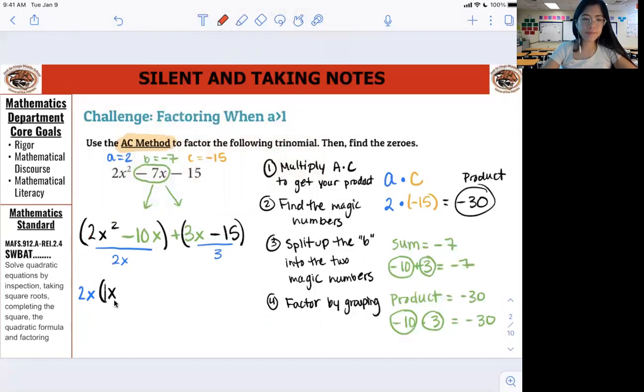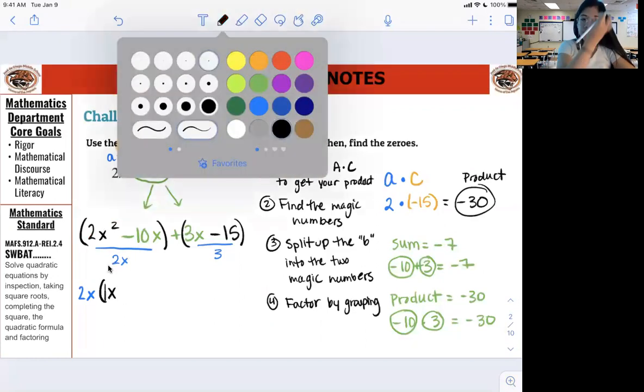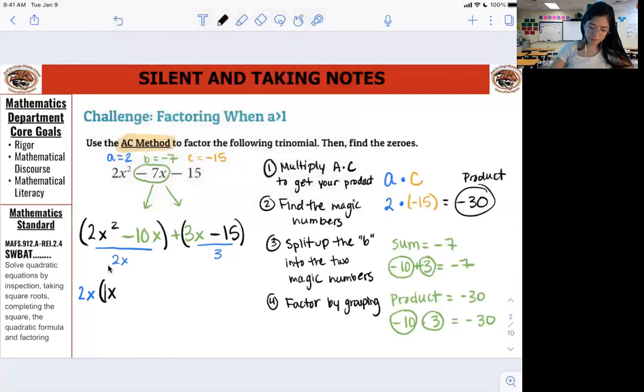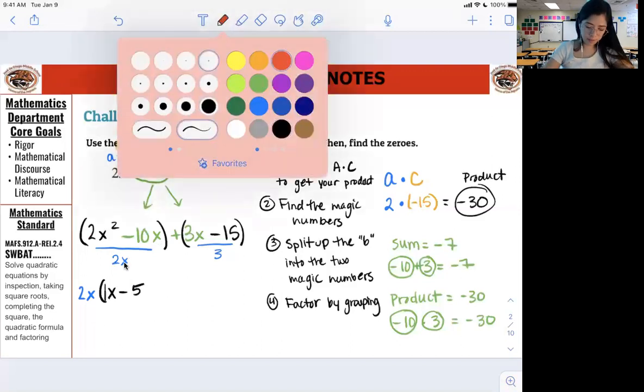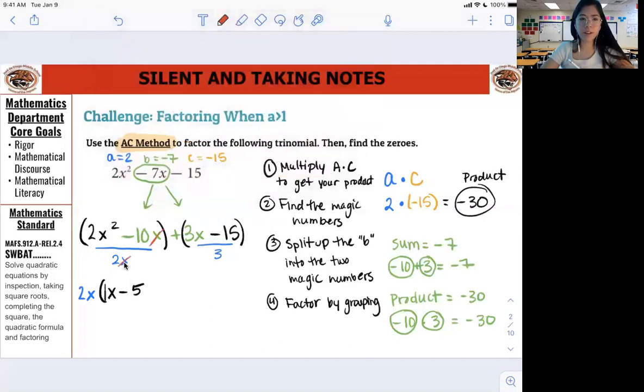So 1x. Then negative 10x divided by 2x, what does that leave me with? Negative 5. Negative 5, good. Just negative 5, because the x's cancel out. X cancels out with the other x. So I'm left with negative 5.